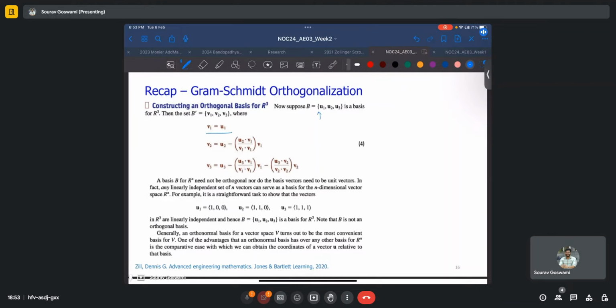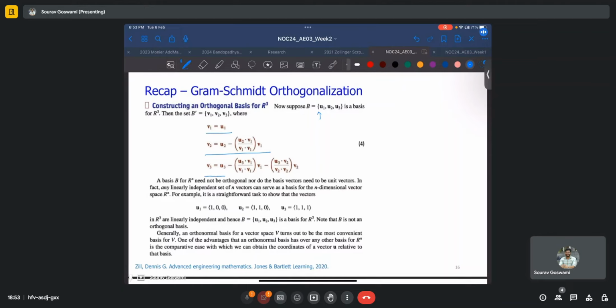The second element v2 is u2 minus the projection of u2 on v1, which is the same as u1, along a unit vector in the direction of v1.